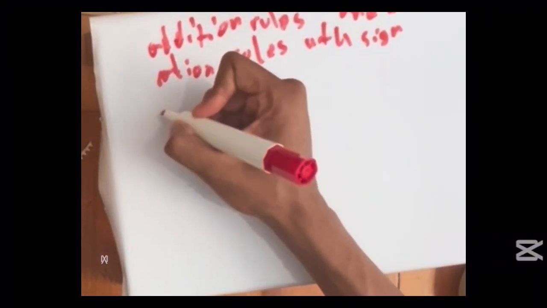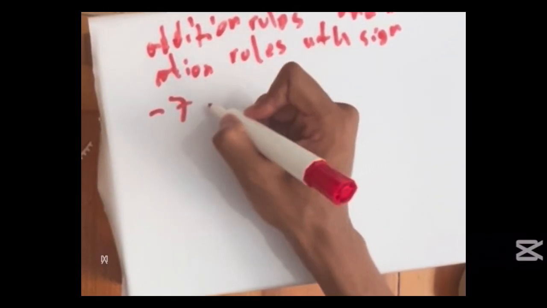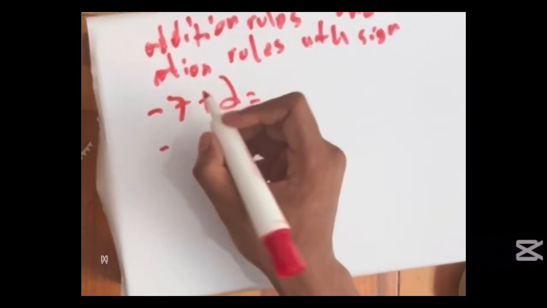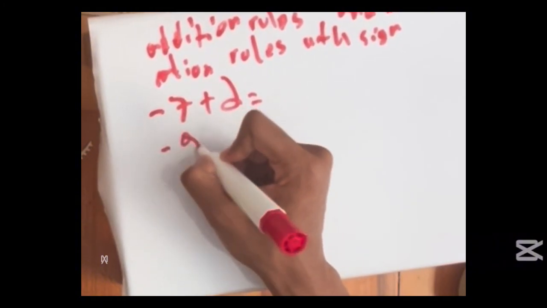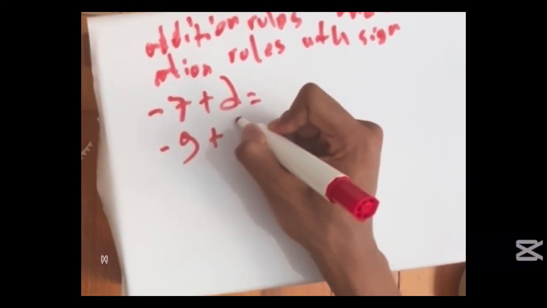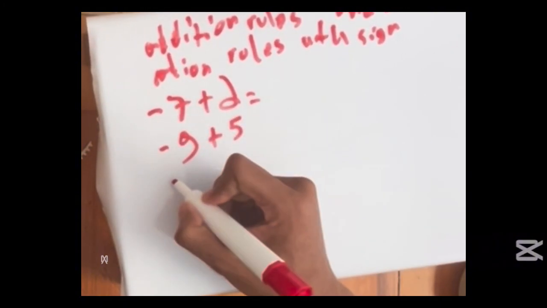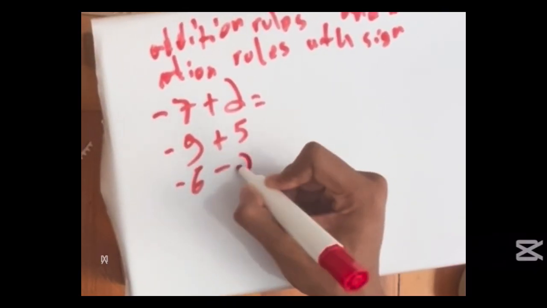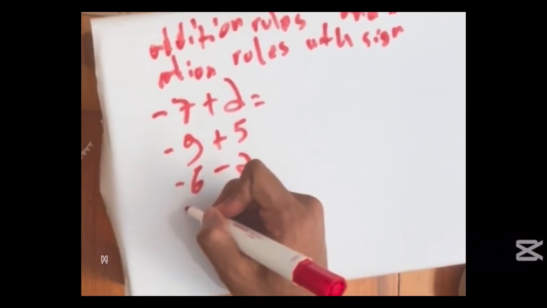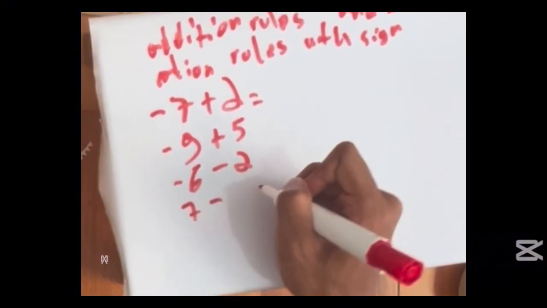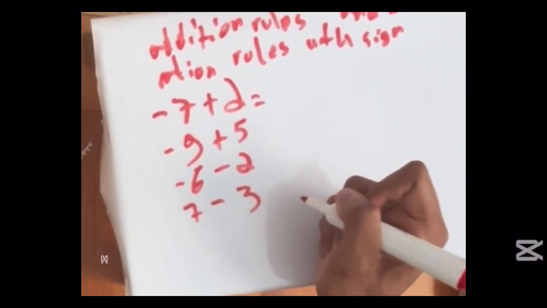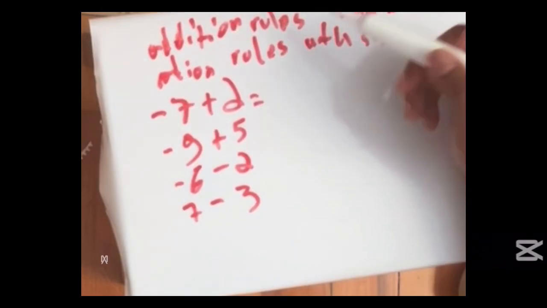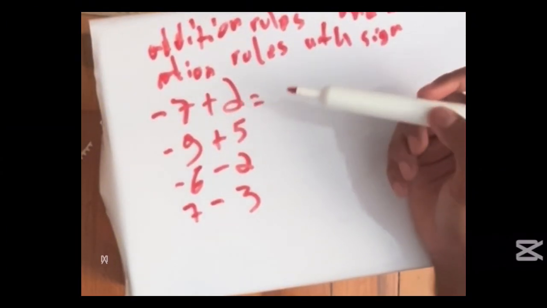So let's do -7 plus 2 equals. So we're gonna do this addition rule first.